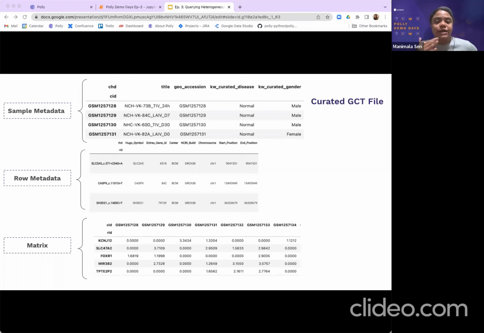Then each data set can have n number of samples, and each sample can have its own metadata, and each sample has its own data matrix, and it can have feature level metadata. So now imagine the scale at which you will have to beef up your infrastructure to enable the kind of querying that we will demonstrate in some time.